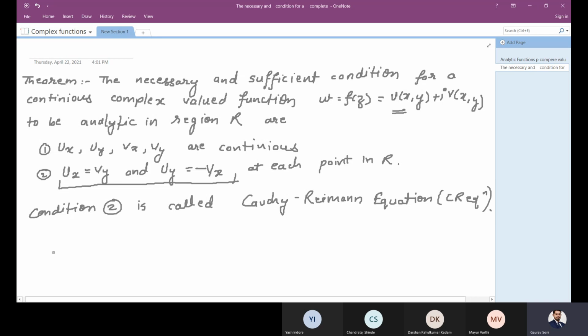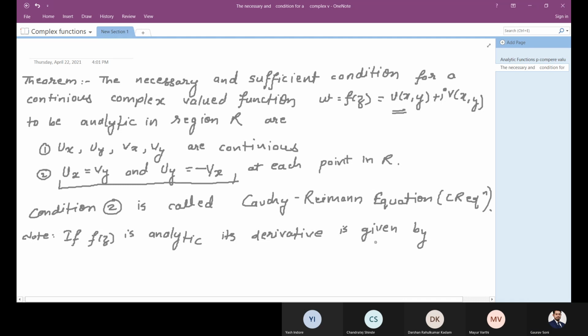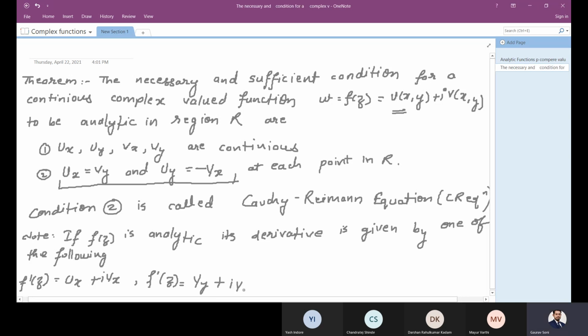When f of z is analytic, we'll note down: if f of z is analytic, its derivative is given by one of the following expressions. f dash of z is equal to ux plus I times vx. f dash of z is equal to vy plus I times vx.